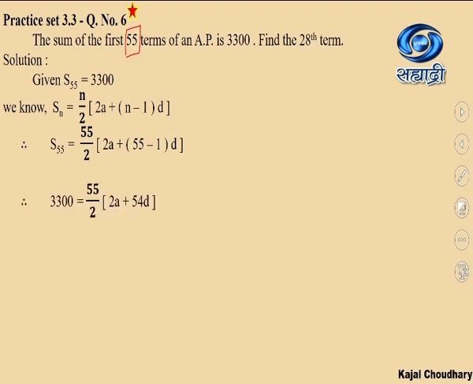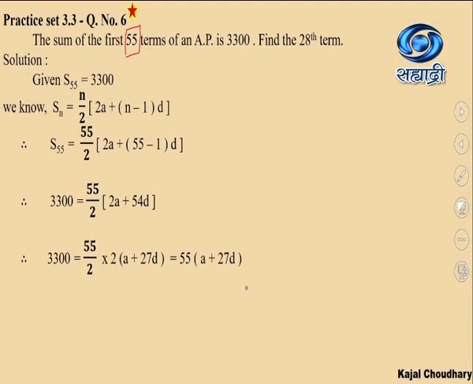So 3300 is equal to 55 upon 2, and 55 minus 1 is 54. So we are getting 2a plus 54d in the bracket. Now between these two terms, 2a and 54d, we have 2 as a common factor. So we just took 2 out, and we are left with a plus 27d.